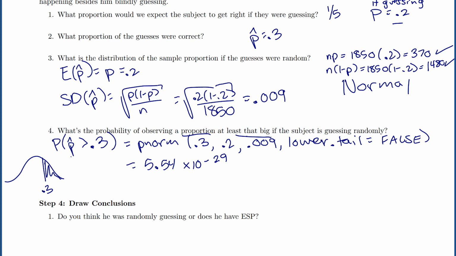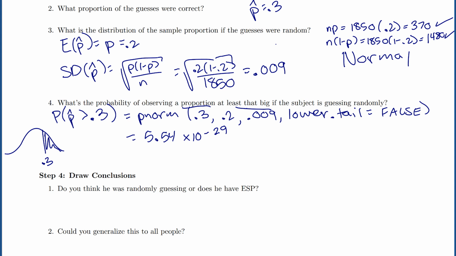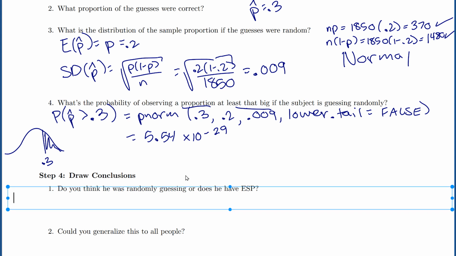That is a very, very small chance. There is an almost impossible chance that he could have gotten a sample proportion of 0.3 if he was truly guessing. So then we want to draw our conclusions. Do you think he was randomly guessing, or do you think he has ESP? Let's write something like that.